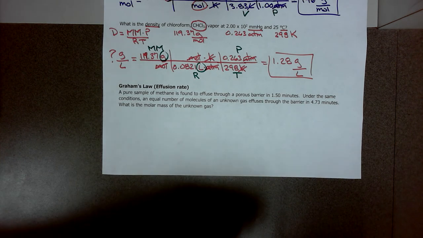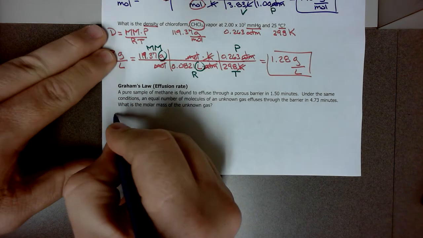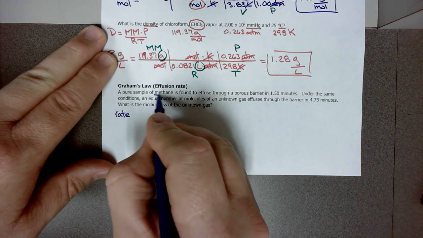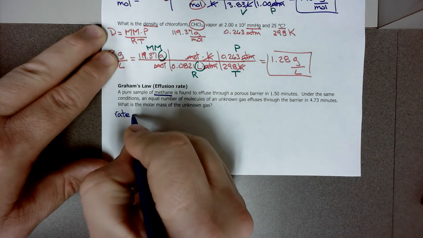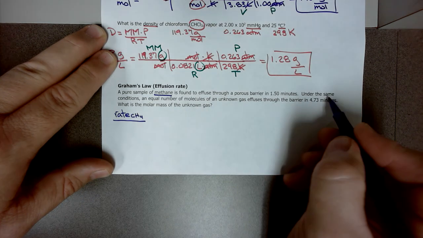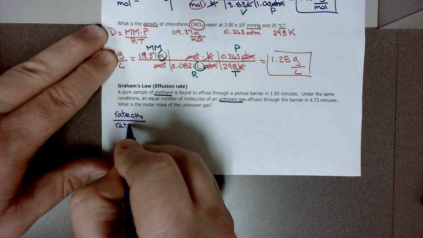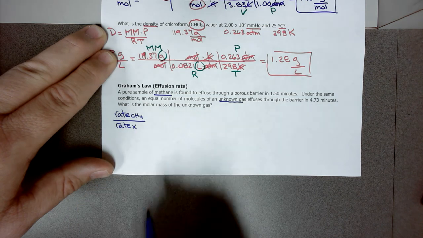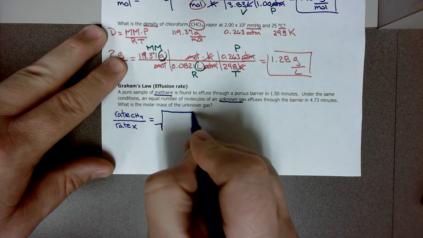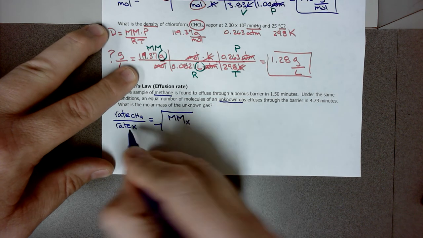Graham's law equation is the rate of effusion of, in this case, methane, CH4, over the rate of effusion of the same number of an unknown gas, and we'll call that X. Now the rate of one over the rate of the other is equal to the square root of the molar mass of X. So we got to make sure that they're at a diagonal.